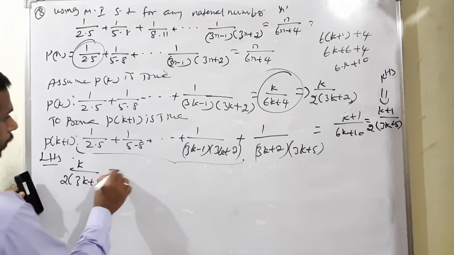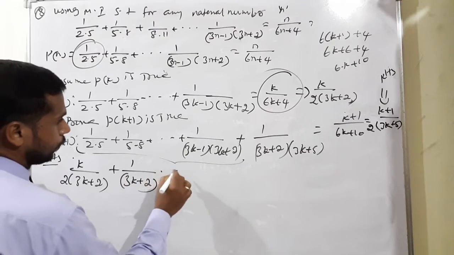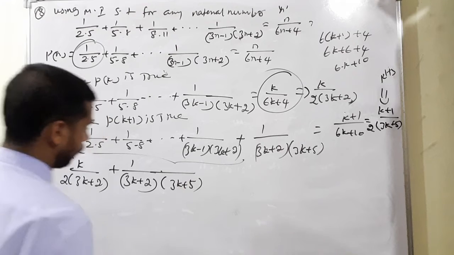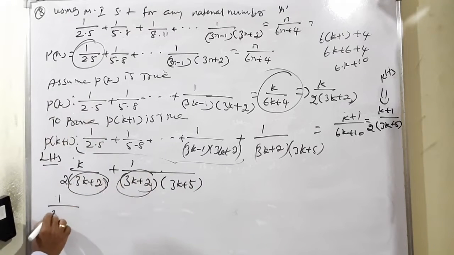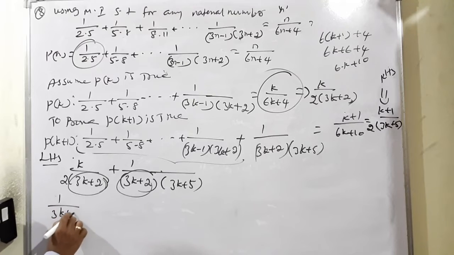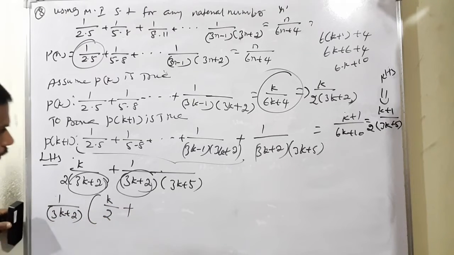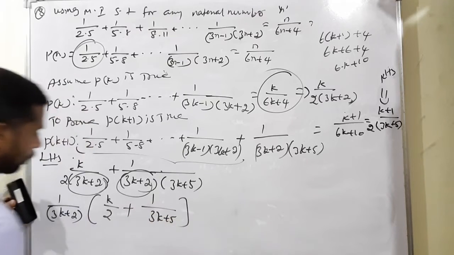Next one plus 1 by 3k plus 2 into 3k plus 5. 3k plus 2 is common, take outside 1 by 3k plus 2, then inside we can write k by 2 plus 1 by 3k plus 5.